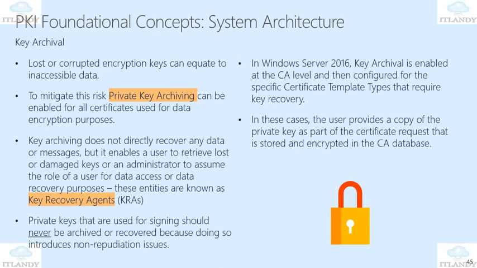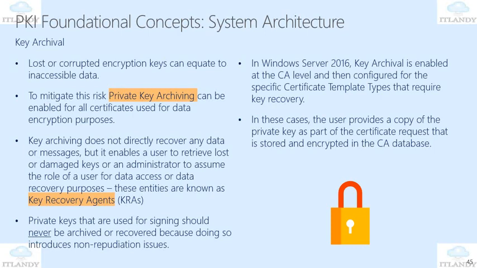Private keys that are used for signing should never be archived or recovered, because doing so introduces non-repudiation issues. In Server 2016, archival is enabled by default at the CA level and then configured for the specific certificate template which requires recovery. Basically, separate and segregate.